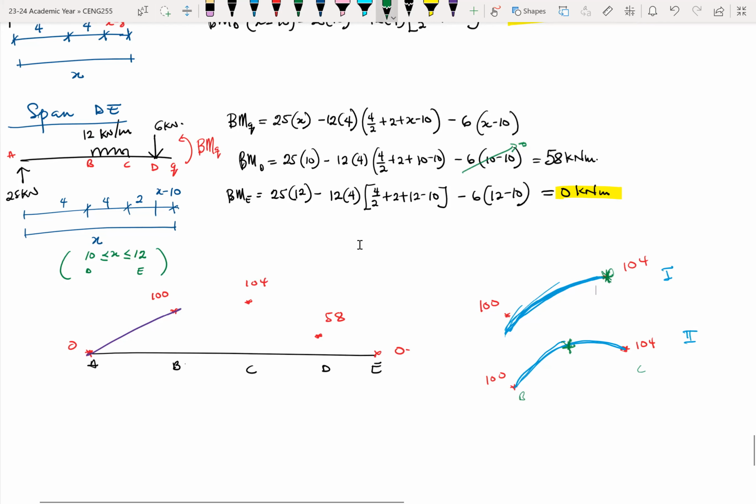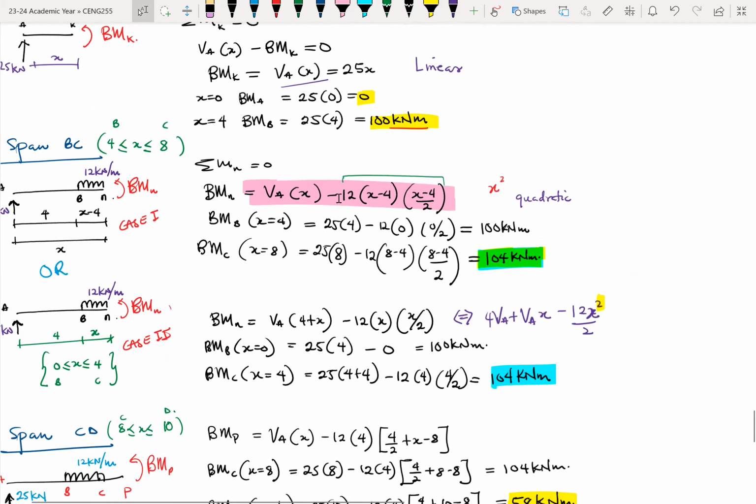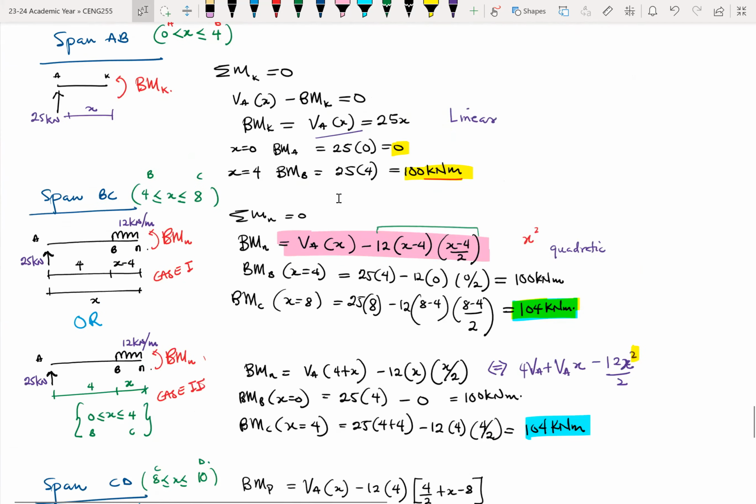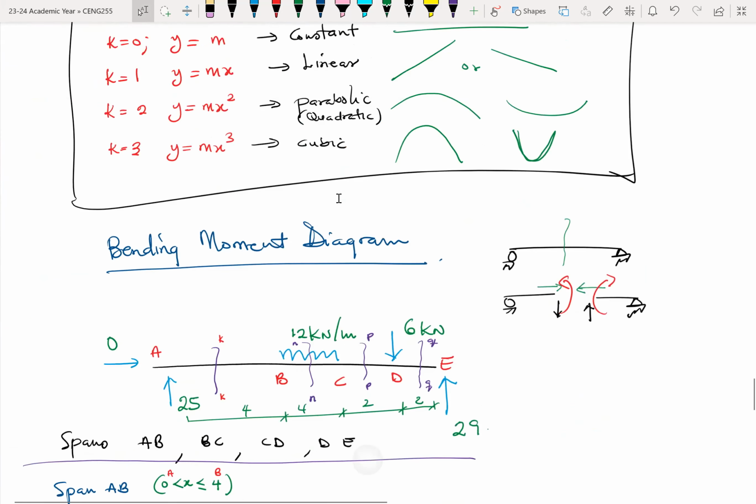And usually, that is where your shear force diagram becomes important to you. Okay. So if you go back to the shear force diagram, where's my shear force diagram? Okay, you see.